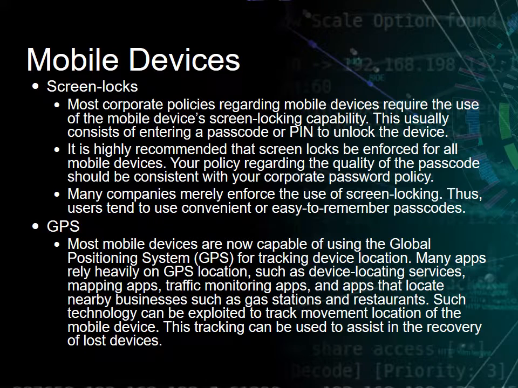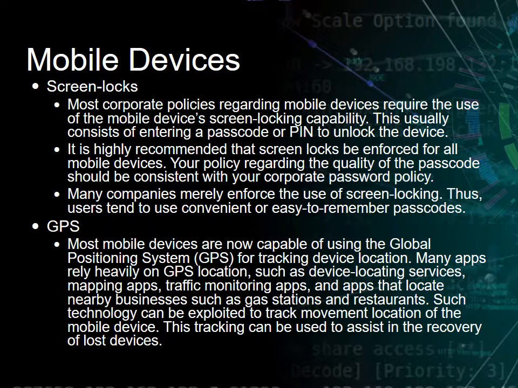So chances are most of us in this class have a smartphone today. If we're into tech, chances are it's probably an Android or an Apple device. The reality is that all mobile phones now pretty much have the option to lock out the phone and require a PIN or a passcode to open it up.